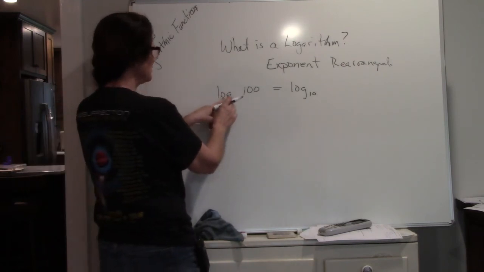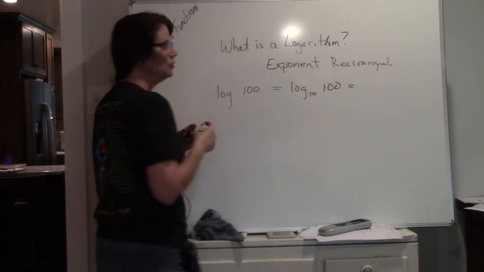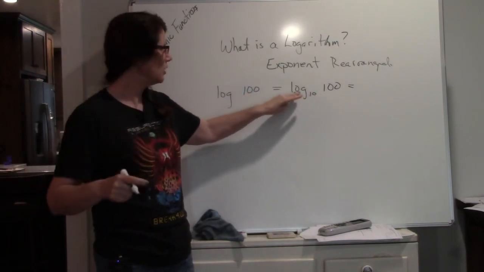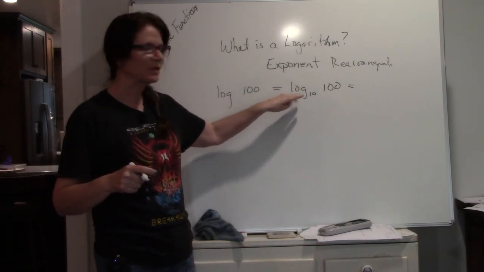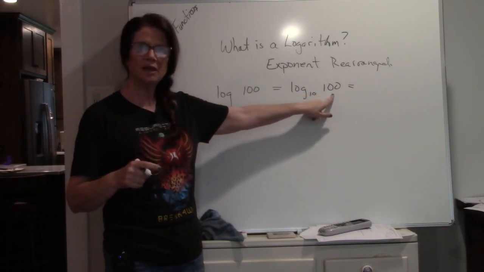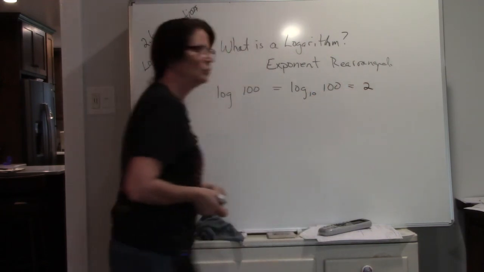So if this is log base 10 of 100, when you simplify this, whenever you see the term log, this is saying, what's the exponent? So it's going to be, what's the exponent on 10 that gives me 100? The exponent on 10 that gives me 100, which is 2.